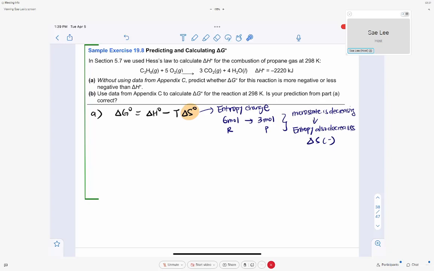If we plug in the negative delta S value, this entire portion is going to be positive. The enthalpy is given as negative 2220 kilojoule. If we are adding any value to negative 2220 kilojoule, delta G naught is going to be less negative.